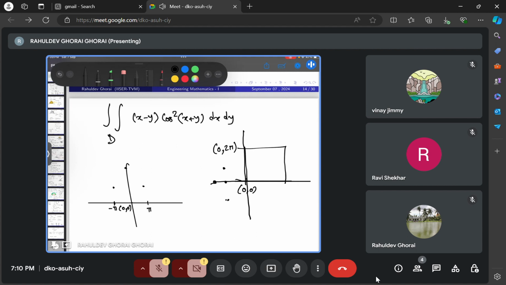D is the region in the xy plane with vertices at 0 0. So let's draw it correctly, 0 0, this and this. This type of region it will be.